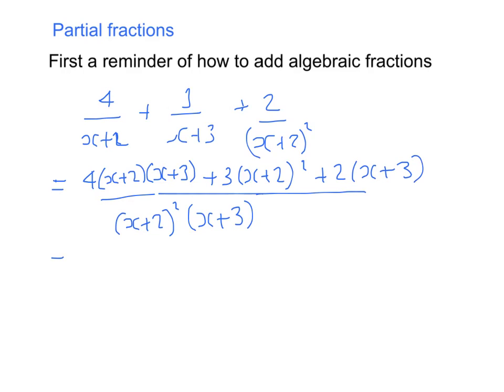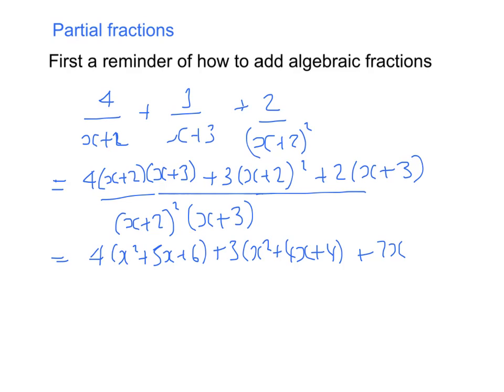Okay, so we have 4 lots of x squared plus 5x plus 6, and 3 lots of x squared plus 4x plus 4, and 2x plus 6, all over that same denominator, x plus 2 squared, x plus 3.